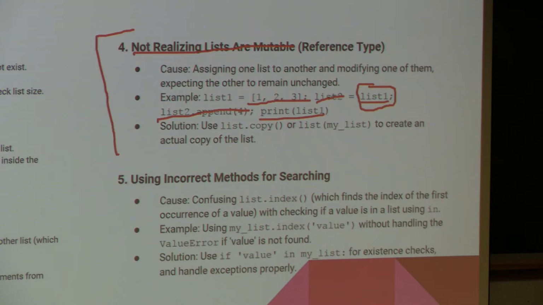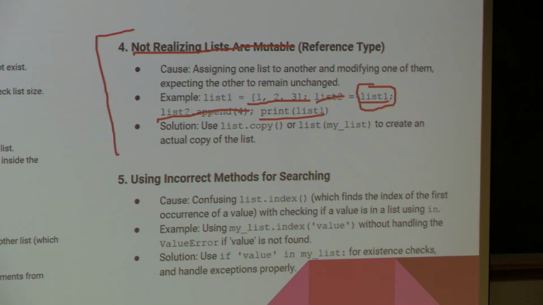If I did list 2 equals square bracket 1, 2, 3 instead, would the aliasing still happen? No. Some person might think, okay, wow, the values are still the same, but, and there's a big but there, list 2 now refers to a new object.